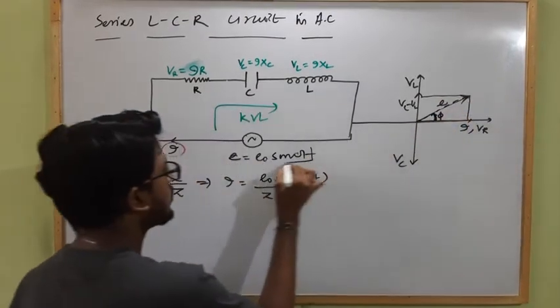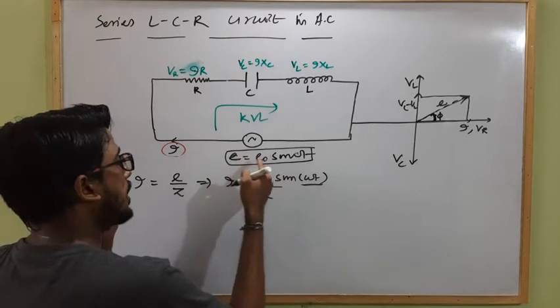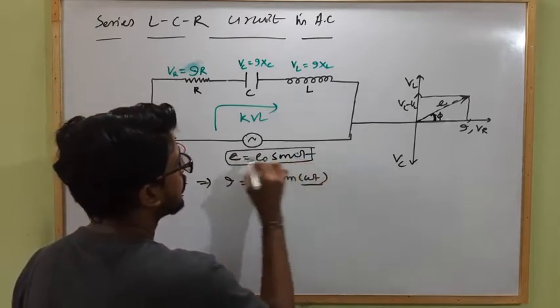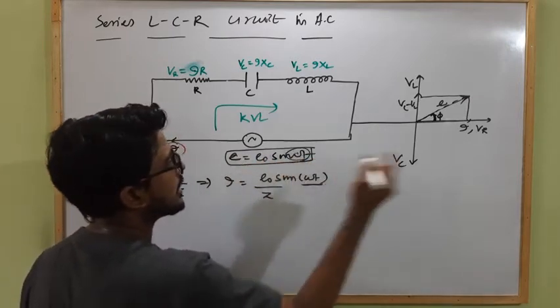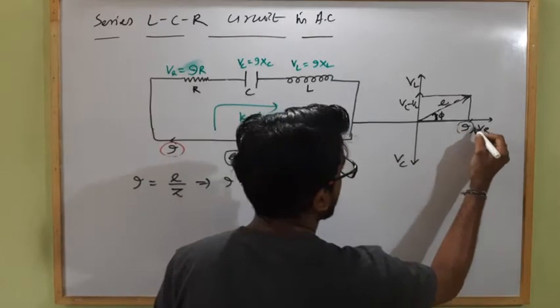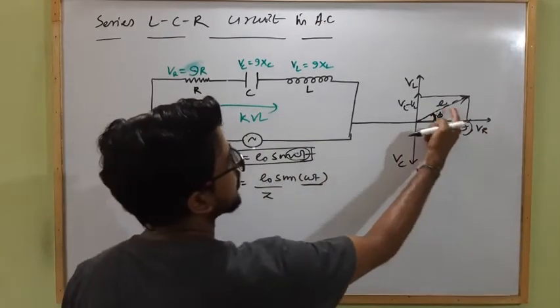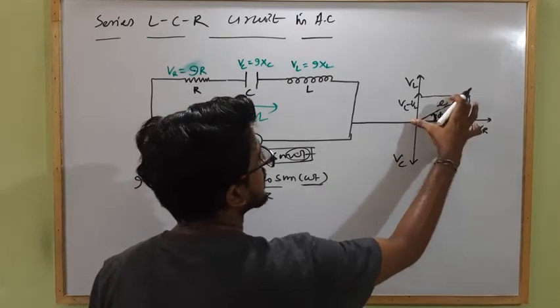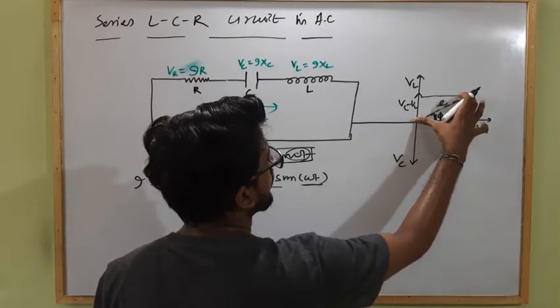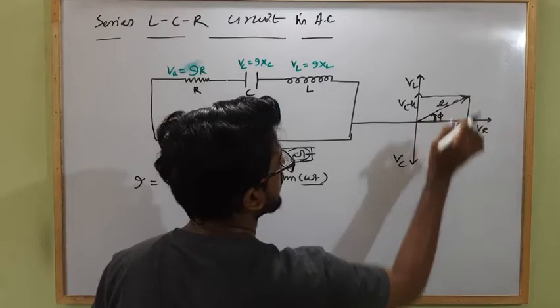If this is the position of the EMF at an instant where the phase for EMF is omega t, then at that instant the phase for I will be how much? Less by phi, because phi is the phase difference between them. So I will be omega t minus phi.